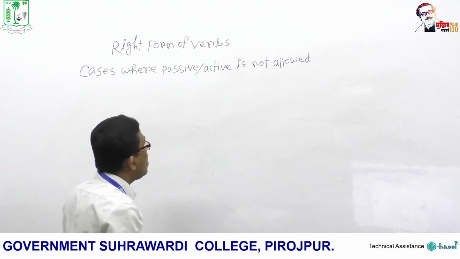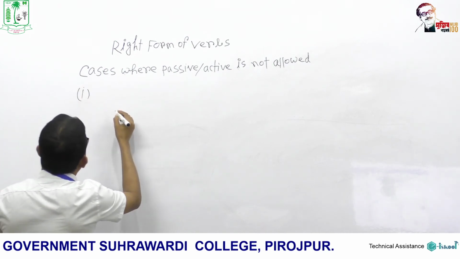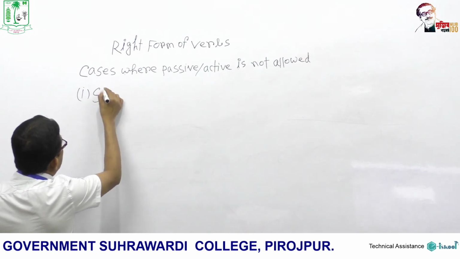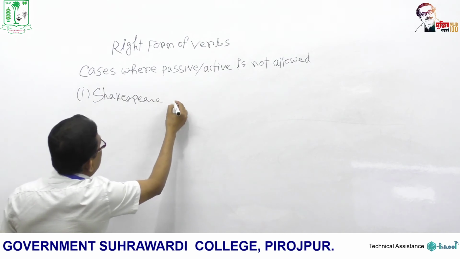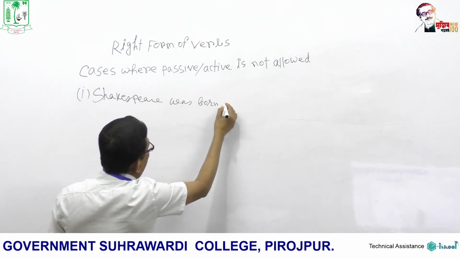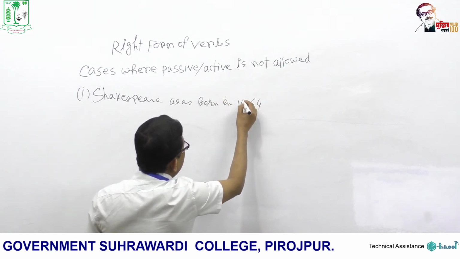Let me write some examples. Number 1, Shakespeare was born in 1564.